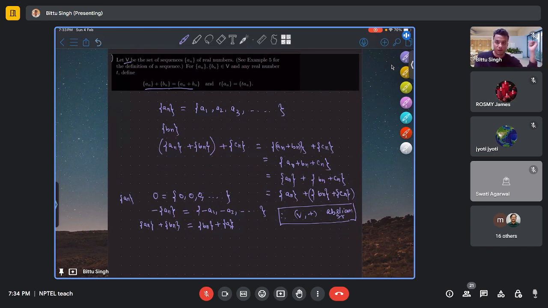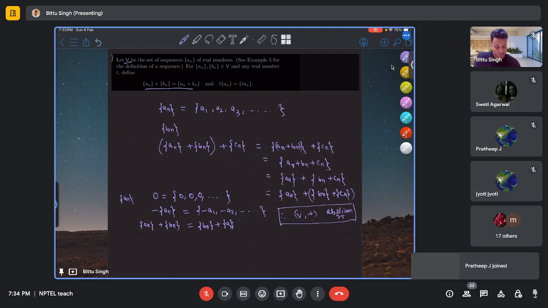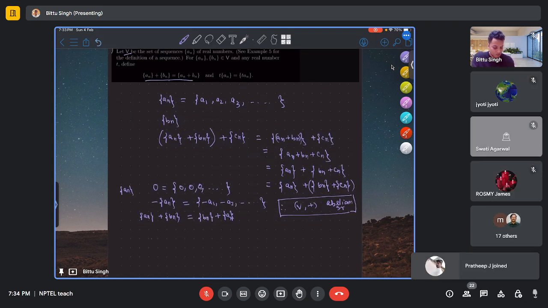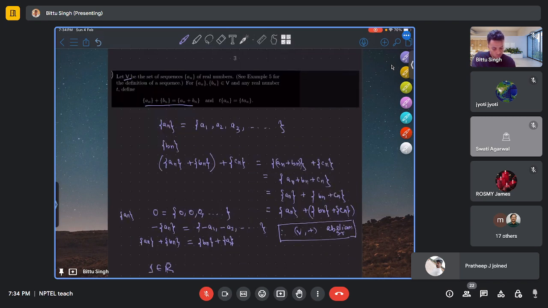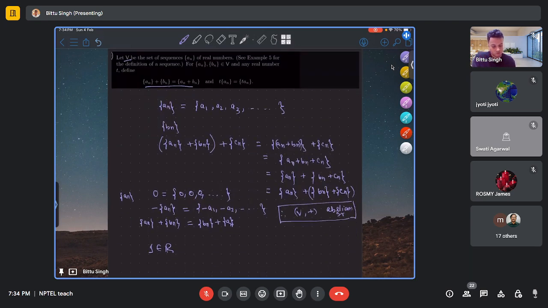For example, scalar multiplication needs to be associative, and it needs to be distributive, and multiplying with 1 will give n. What will be the multiplicative identity? So take 1 belonging to the real numbers R or the field F, whatever.